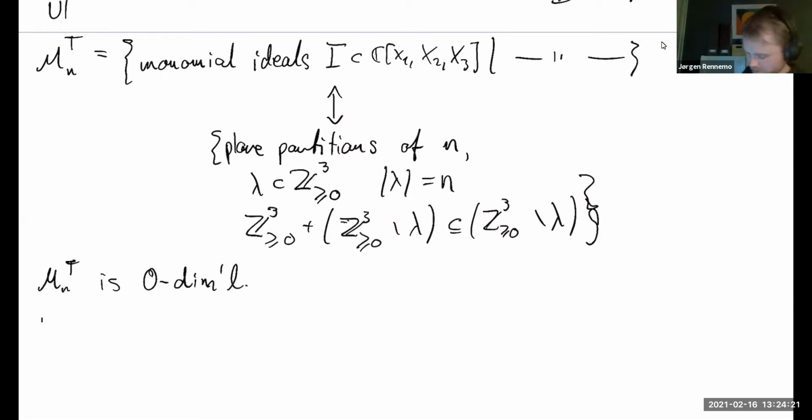Which tells you that this thing that we're eager to compute is going to be a sum over fixed points.